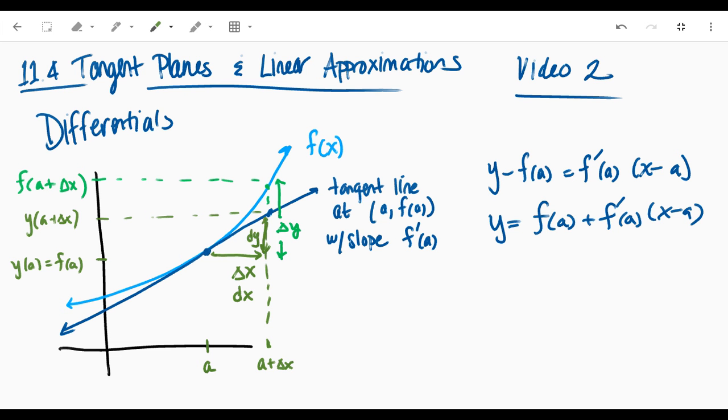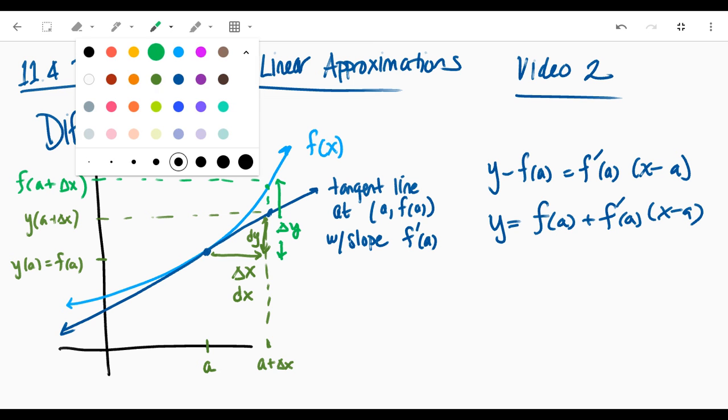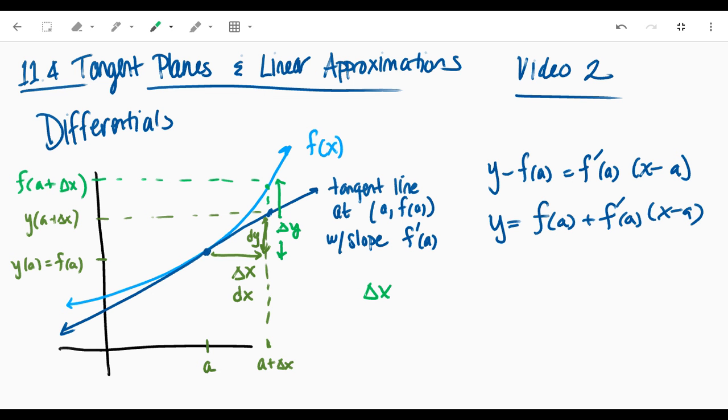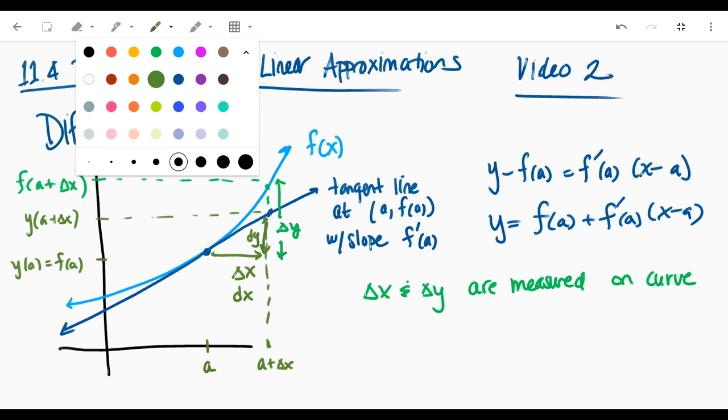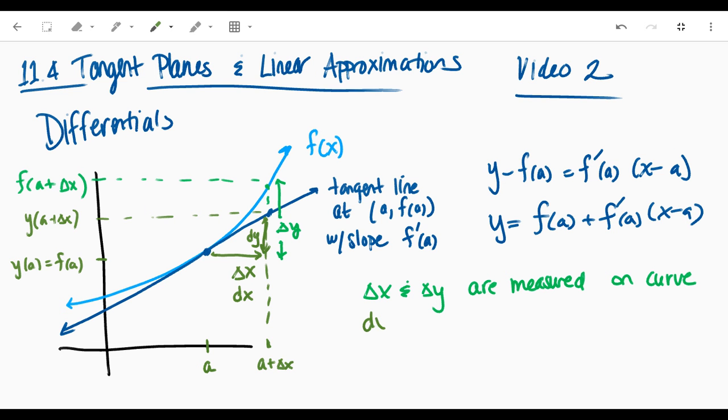So delta x and delta y are measured to the curve. And then dx and dy are measured on the line.